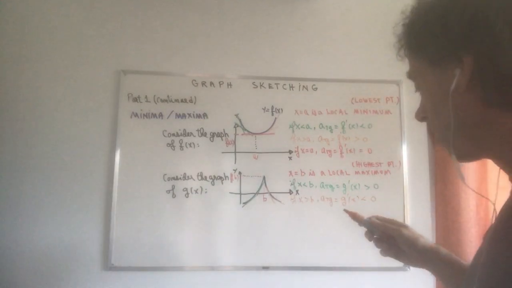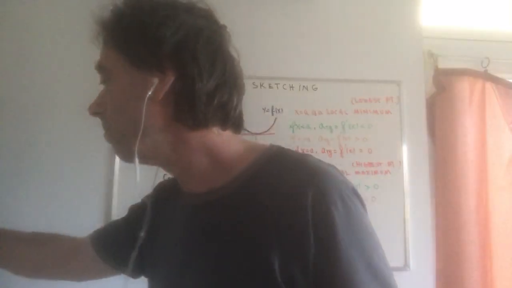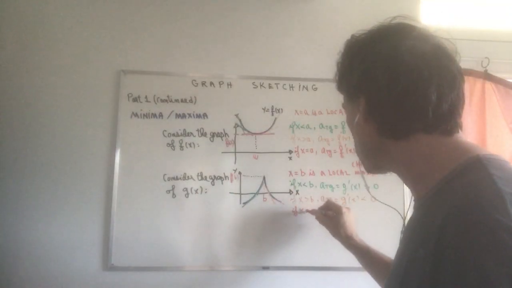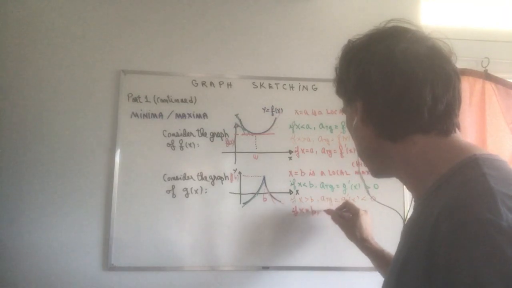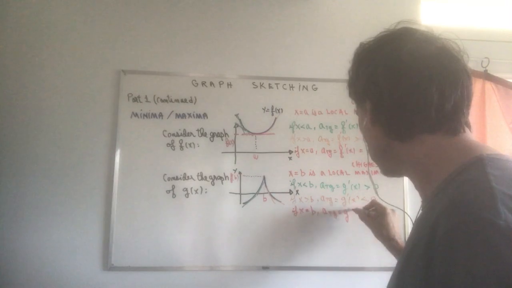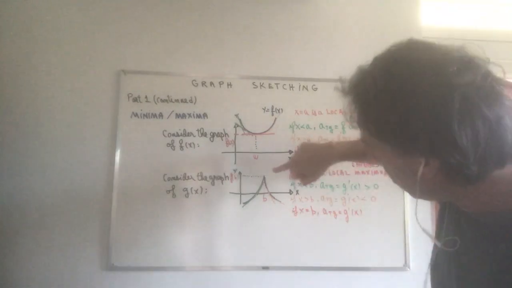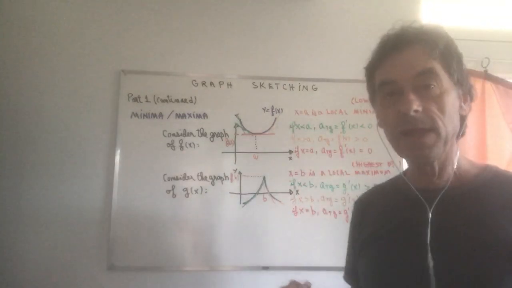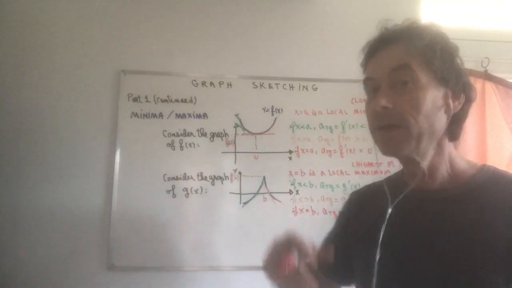But that's interesting now, because what happens at b itself? If x is equal to b, what is the slope of the tangent line at b? Is there such a thing as f prime at b?